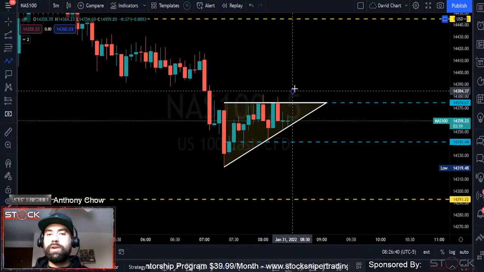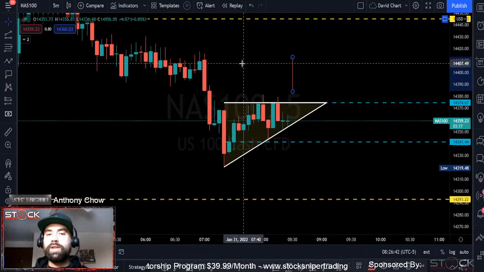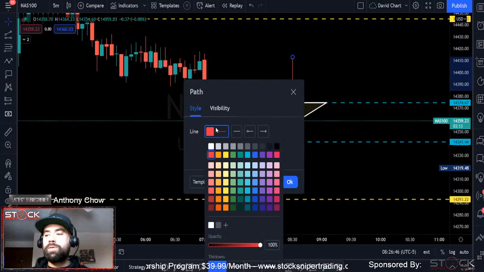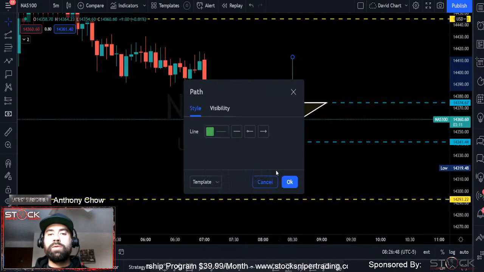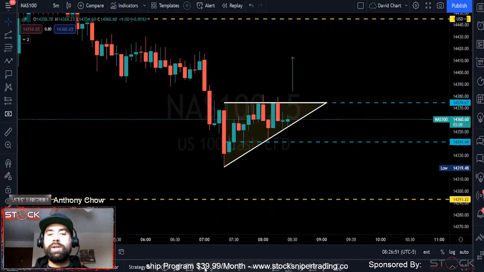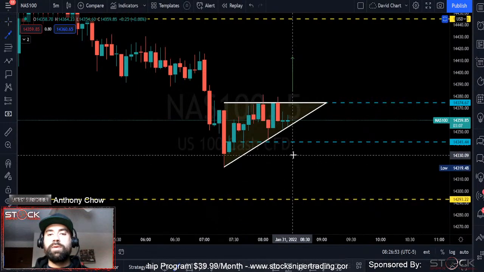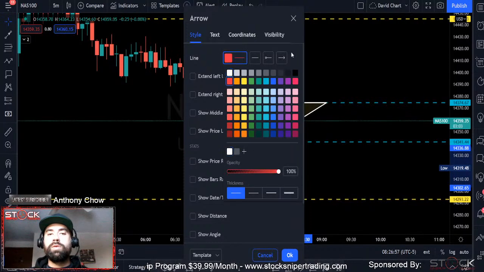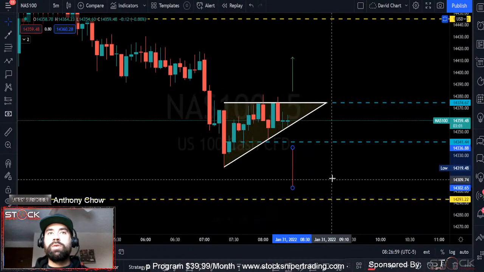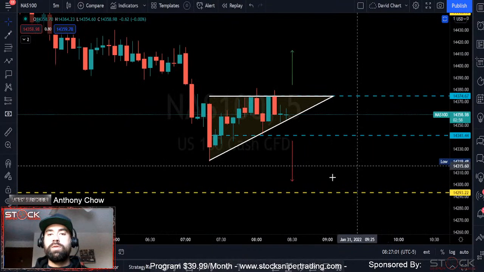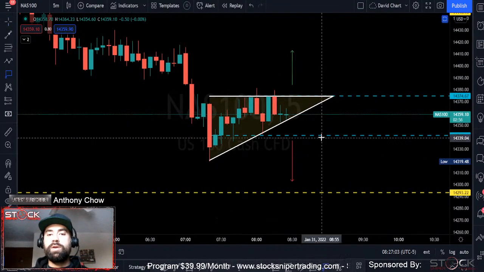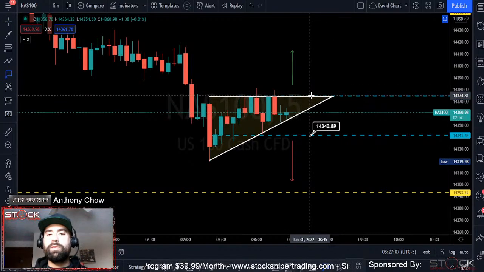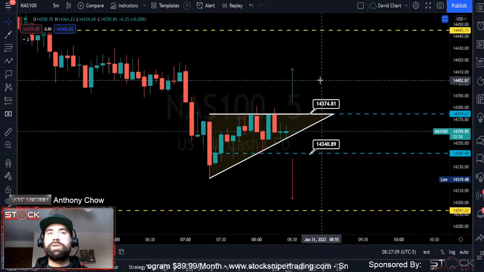You have a nice little breakout here, most likely to that wick, top of this fill, this bearish candle. And then you have your breakdown coming out of here. Prices are roughly right here. All right, so let's watch.